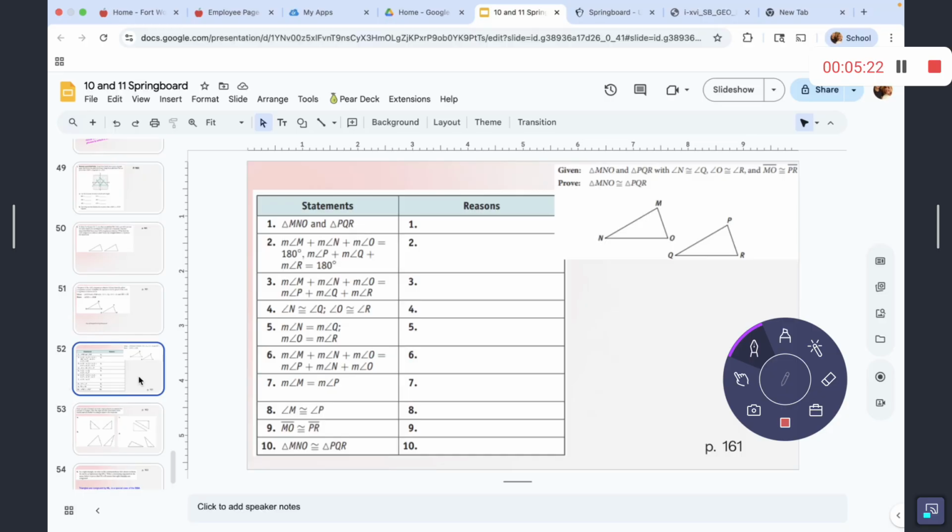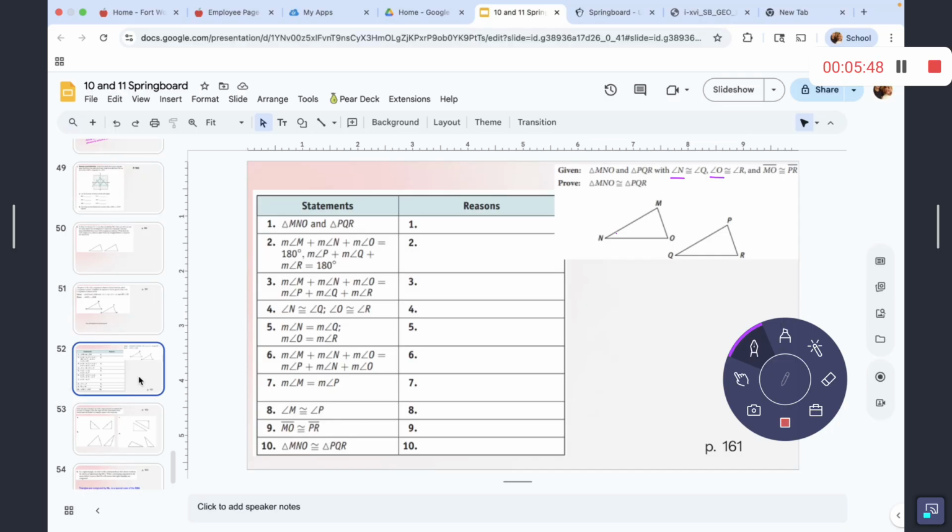Okay, and I'm going to let you know, if I'm remembering correctly, that there is enough in here to prove angle, angle, side. But what we're going to do is prove it a different way. Because they are giving us enough in here, I'm just going to show you on one triangle. We have N corresponding to Q, O corresponding to R, and then we have MO.